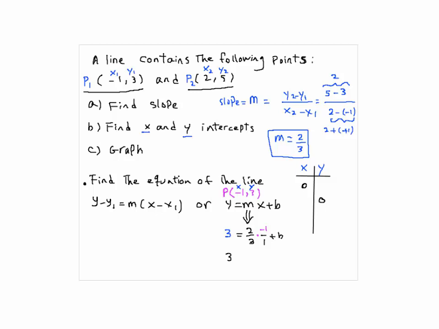So here I have 3 is equal to -2/3 plus b. Now how do you solve for b? You have to add 2/3 to both sides of the equation. So that's your y-intercept. The LCD here is 3.